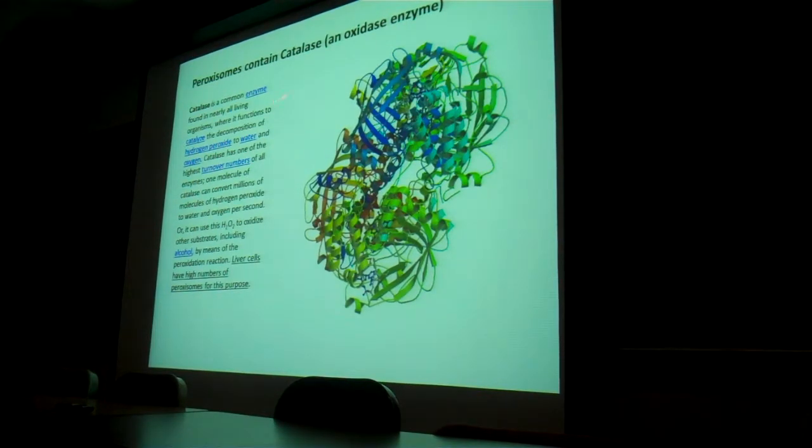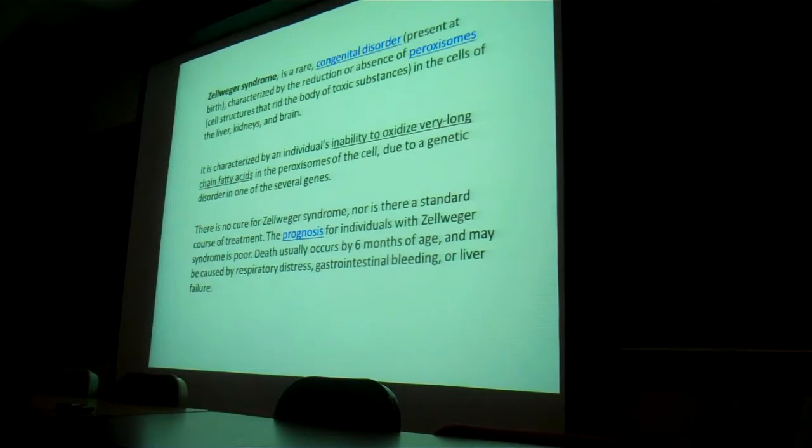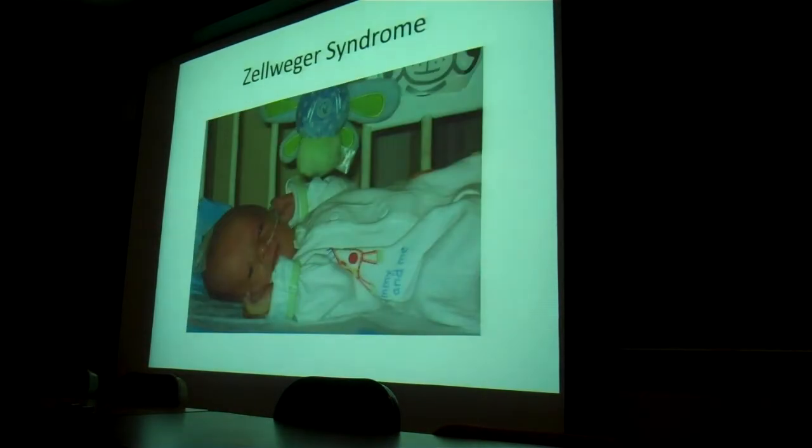But associate peroxisomes with catalase and hydrogen peroxide, okay, because that's one of the oxidative factors. And then think about peroxisomes and alcohol, because that's what detoxifies a fair amount of the alcohol you drink. Okay, so just those little facts I might ask a question about. And there was one where peroxisomes don't work.